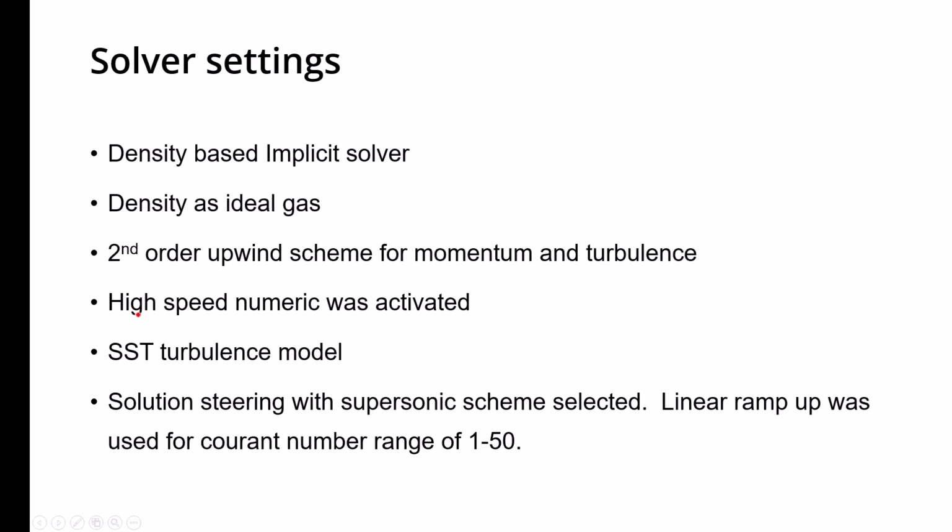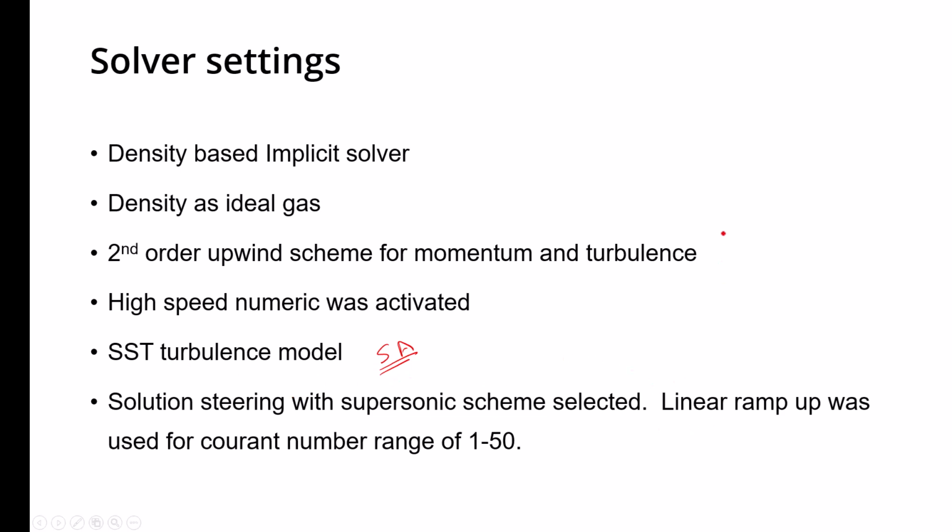I activated the high speed numerics. One more suggestion I have is that you should use the SA model, which is very good for aerodynamic simulations. Next, I chose the solution steering with the supersonic scheme. I think some of you may know this, and it is very good for very fast solution convergence.